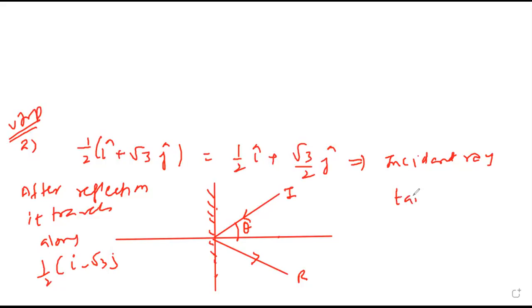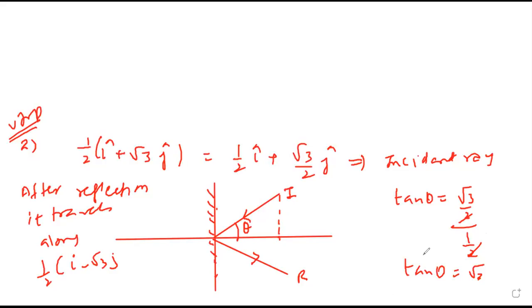So tan of theta equals opposite side, which is root 3 by 2, and adjacent side is half. Therefore, tan theta equals root 3.